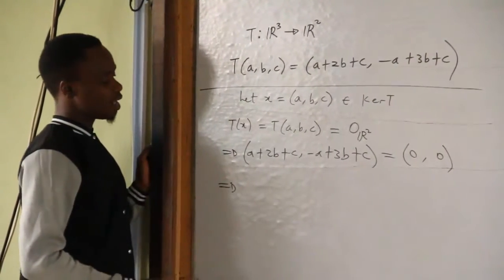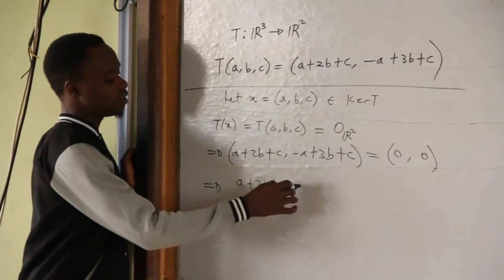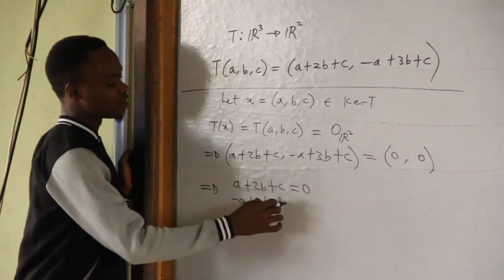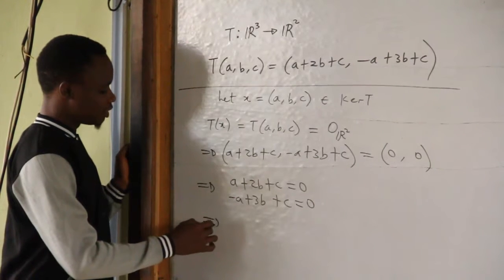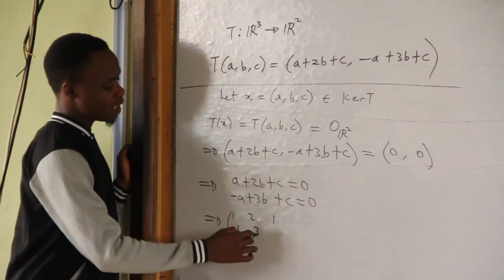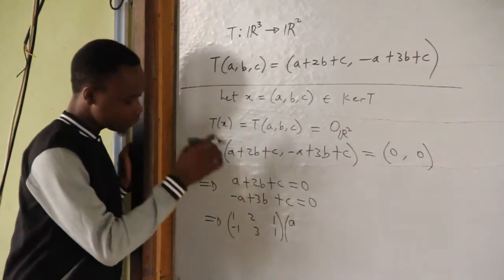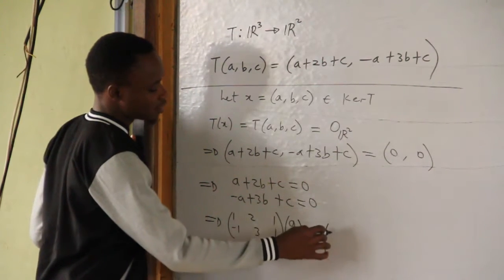If we write out the equations, we have A plus 2B plus C equals 0, and minus A plus 3B plus C equals 0. You can put this in matrix form: 1, 2, 1, minus 1, 3, 1, multiplied by A, B, C, equals 0, 0.